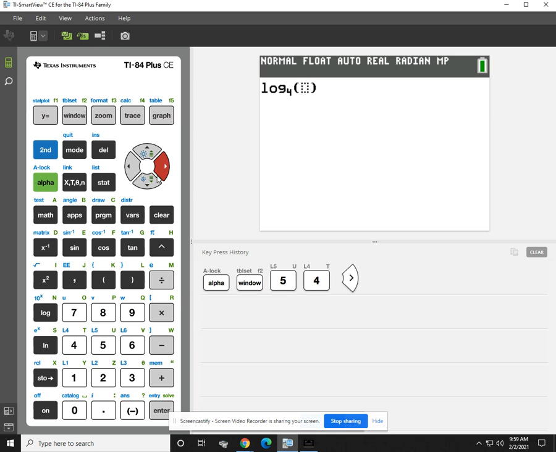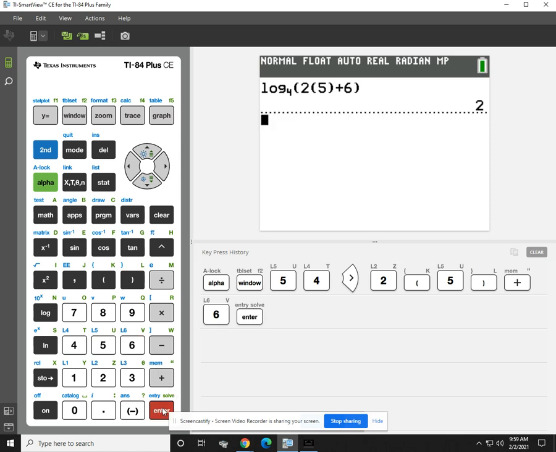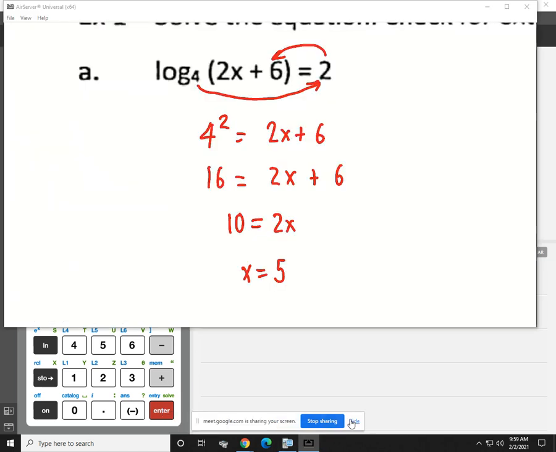So we're going to go 2 times 5 plus 6, all inside that parenthesis, and push equals. What does it give me? 2. What's the other side equal? 2. Does 2 equal 2? So this one is not extraneous. It is my solution. Okay, so again, checking these with your graphing calculator at the end is no problem.